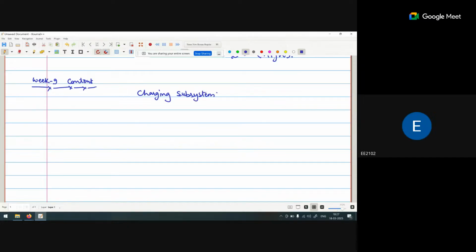Okay, charging subsystem. If we are talking about implementation on a software platform, and designing the hardware part, there are lots of variations.